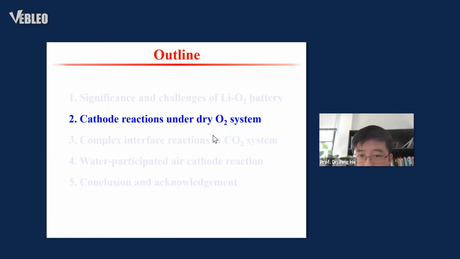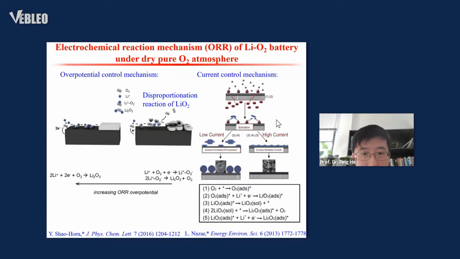The oxygen in the lithium oxygen battery is the active material at the cathode. During the research on lithium oxygen batteries, we know that the ORR reaction has two models. The first model is the overpotential control mechanism.